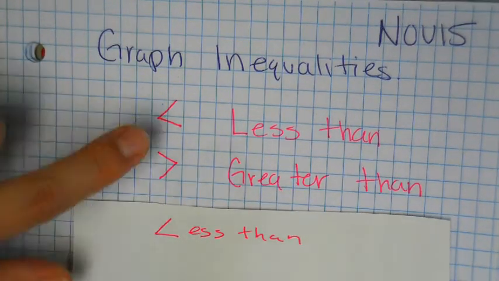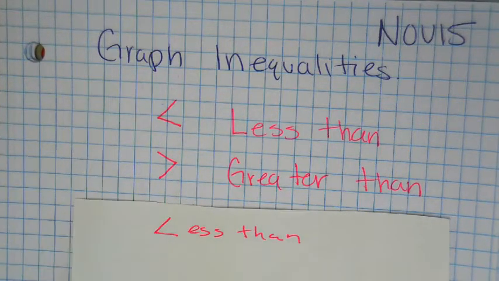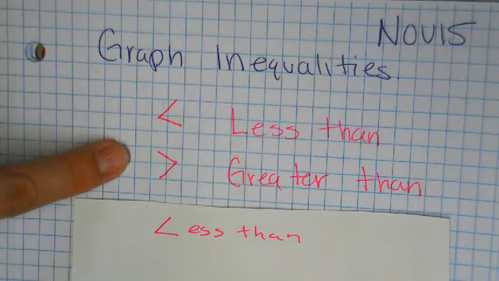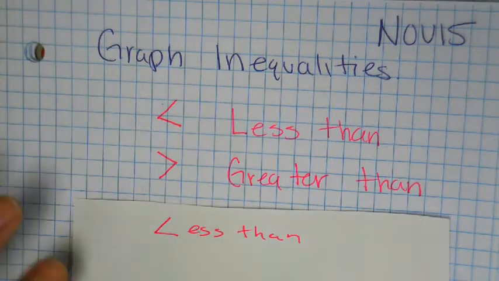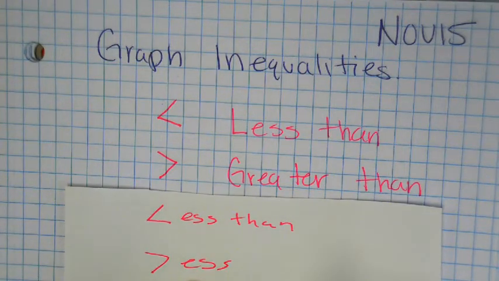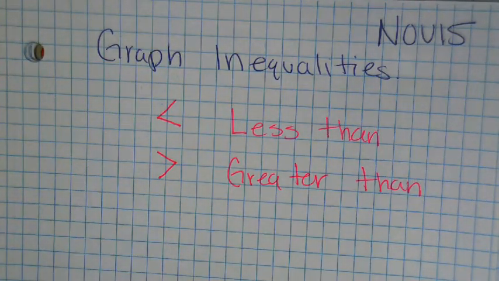So the one that looks like an L is your less than. Got it? So in high school, when you see these again, you realize oh, this is less than, and then therefore the other one that doesn't look like an L, because this one, I can't really spell less, right? That's the greater than one. Okay? So that's my little trick for you to remember the difference between less than and greater than.